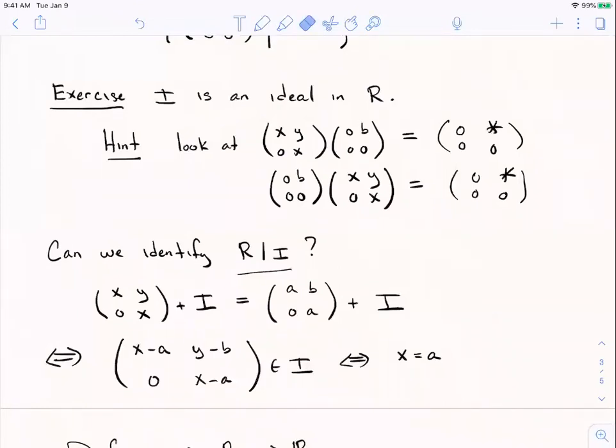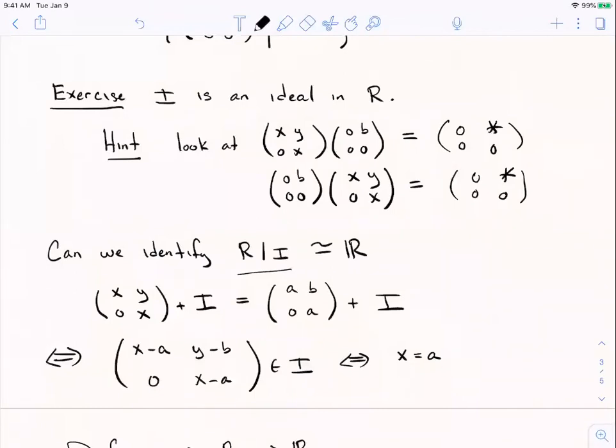So maybe I'm being a little bit irresponsible here, but I'm ready to guess that this factor ring feels like the ring of real numbers, the field, if you like, of real numbers. Why? Because a real number is sufficient to specify an entire coset. If you told me, say, the real number 5, then I can describe an entire coset.